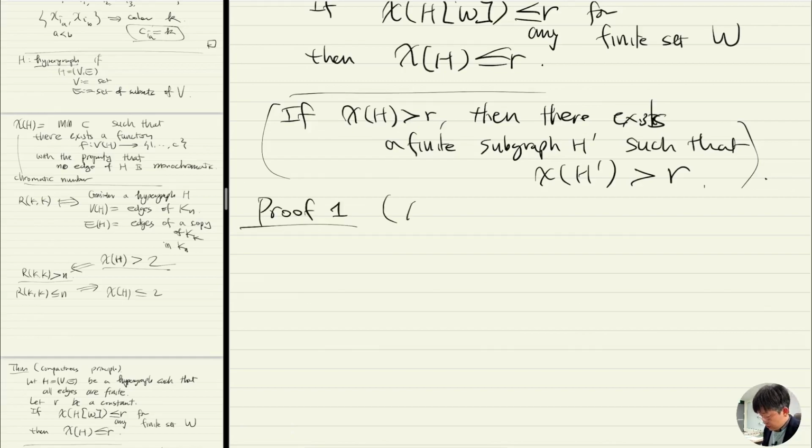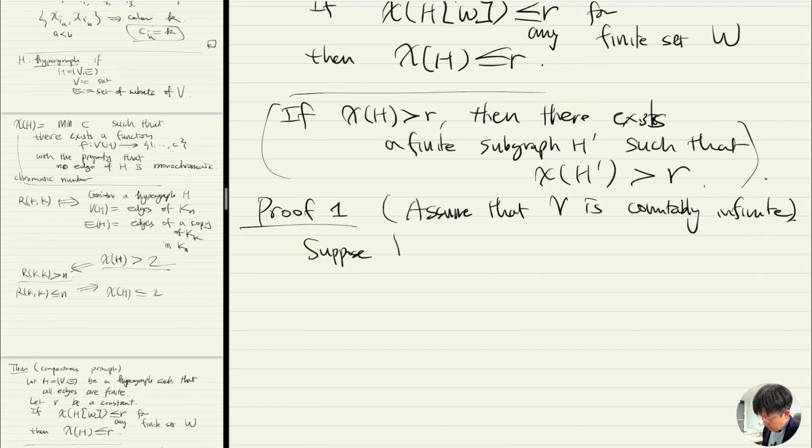The first proof assumes that V is countably infinite. So suppose V is 1, 2, 3, and so on; I could just say the natural numbers. We can assume this, right?